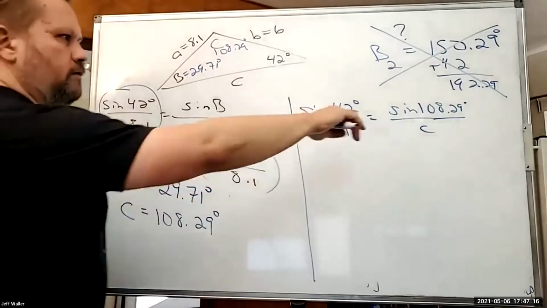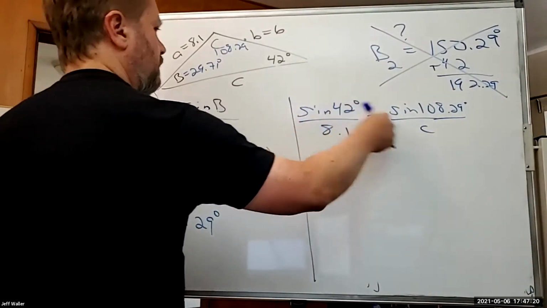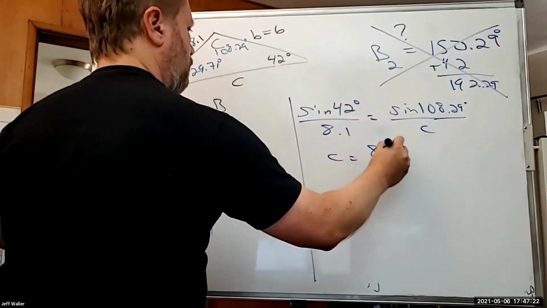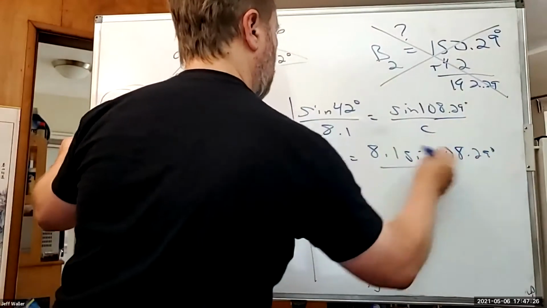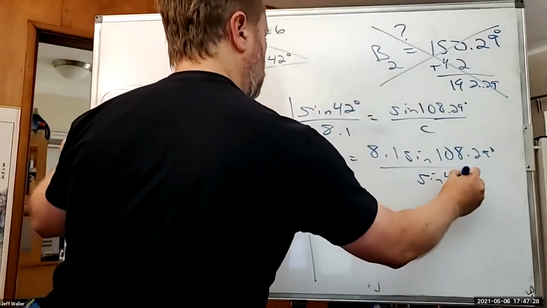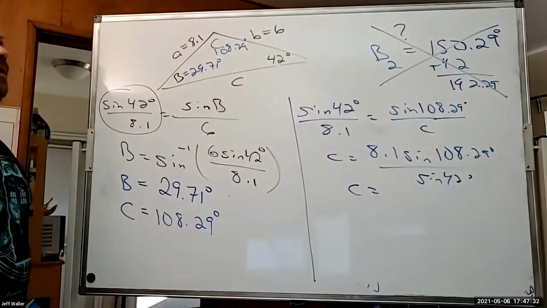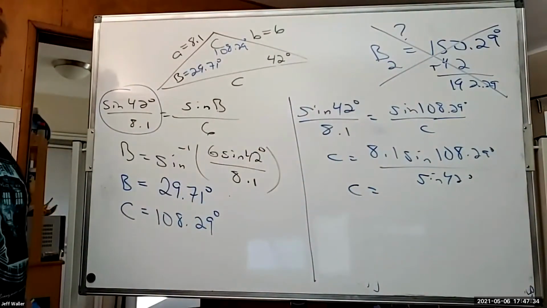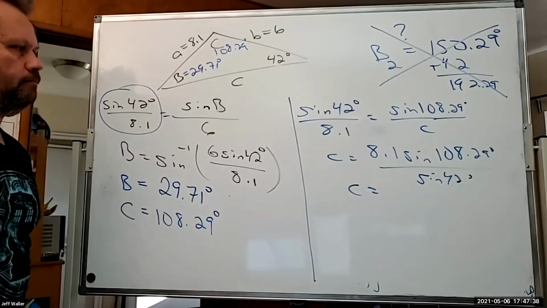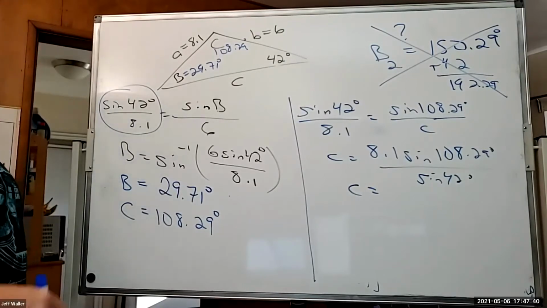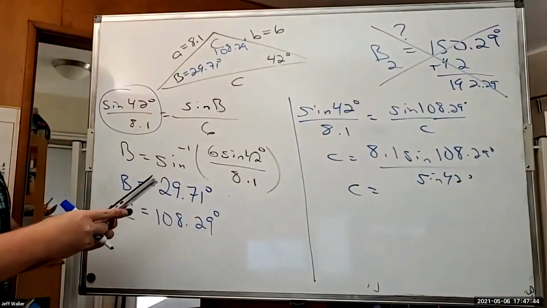If I solve this for C, I multiply this up, divide this down, and I get 8.1 sine of 108.29 divided by sine of 42 degrees. And I plug that in. 11.49.